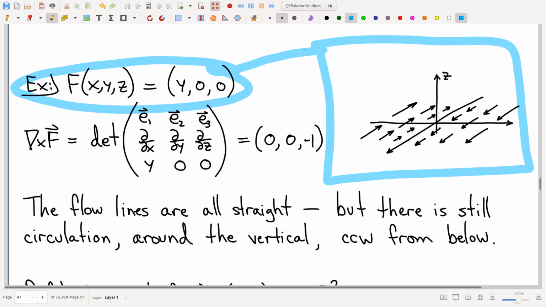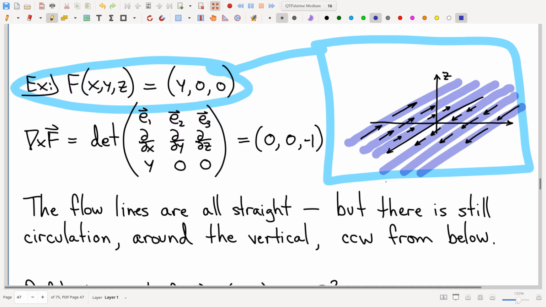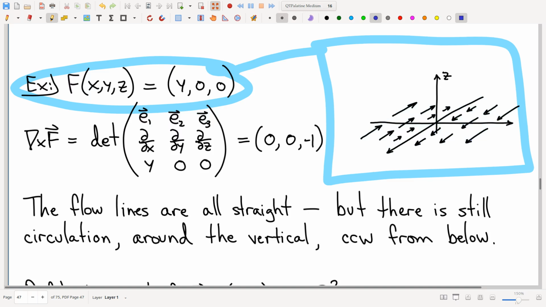Looking at the picture, kind of feels like the flow lines are all straight lines. And if the flow lines are all straight lines, again, if you have this wrong take on what curl is, you might make the mistake of thinking, oh, I would expect the curl to be 0. Again, wrong take. Let's play it the other way. Here's my floating balloon.